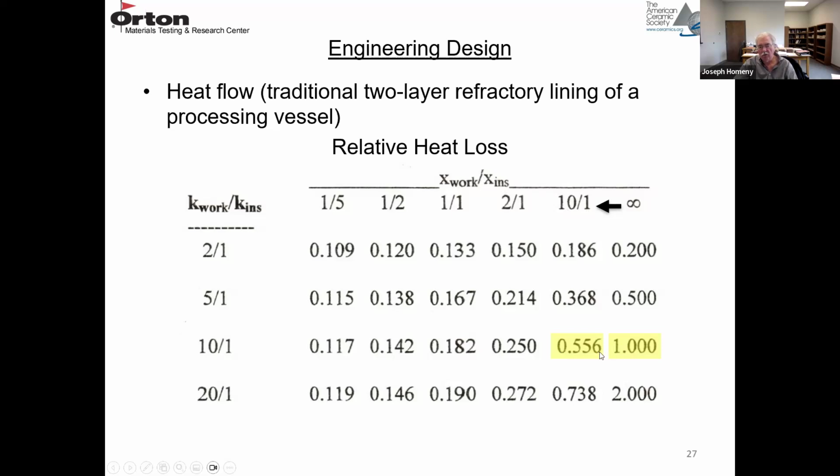So you cut the heat loss in half with a small amount of insulation. And then if you go to a 2-to-1 ratio, so much more insulation, you go from 1 to 0.25. So you cut the heat loss by quite a bit to one quarter of what it was.